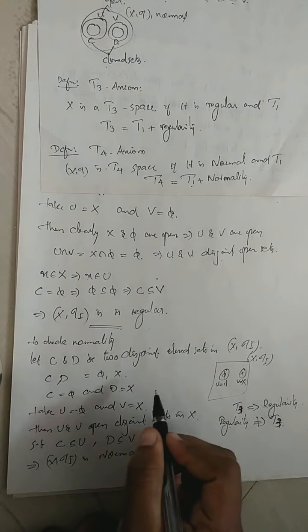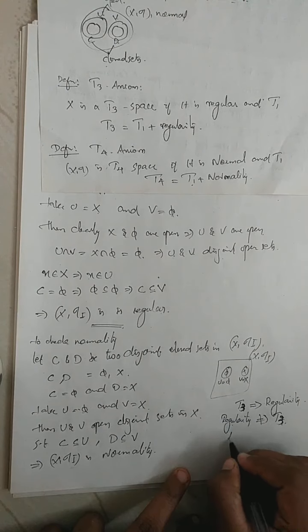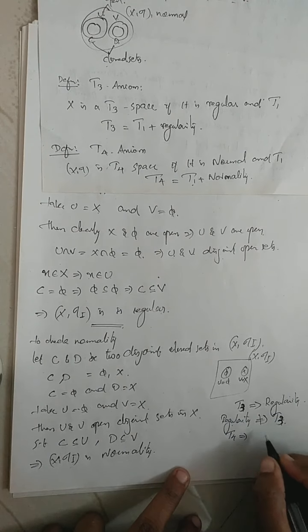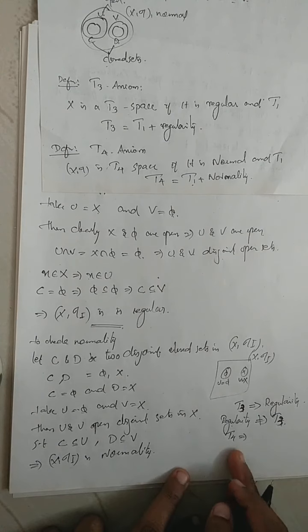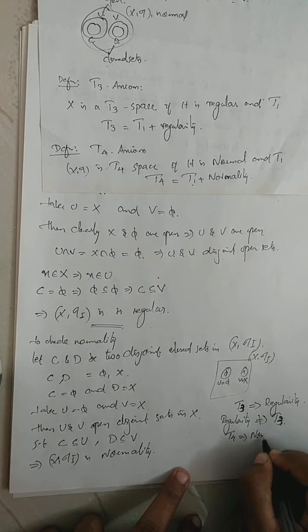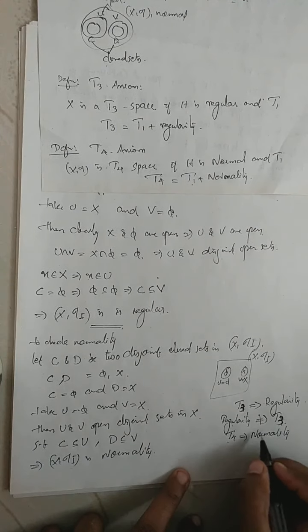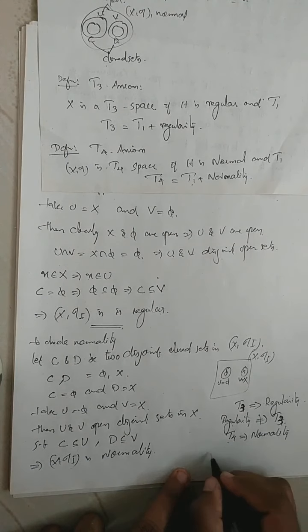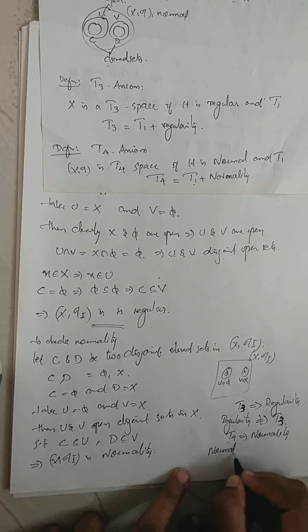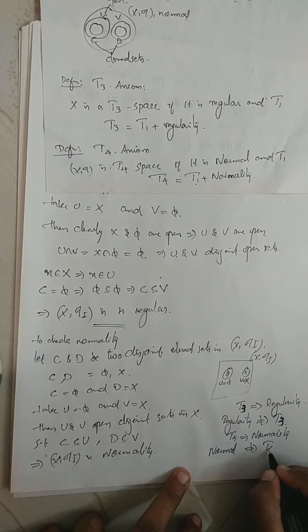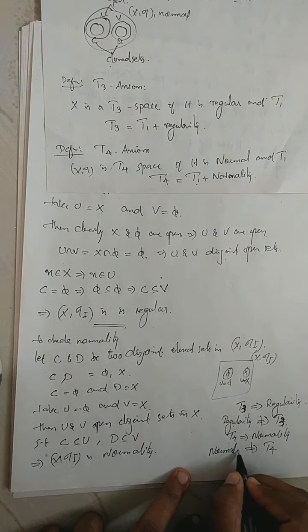And this example is also true for T4. What is T4? Normal plus T1, right? When a space is T4, it will surely be normal. So the T4 axiom always implies the property of normality. But a normal space need not be T4. Normal plus T1 will imply T4.